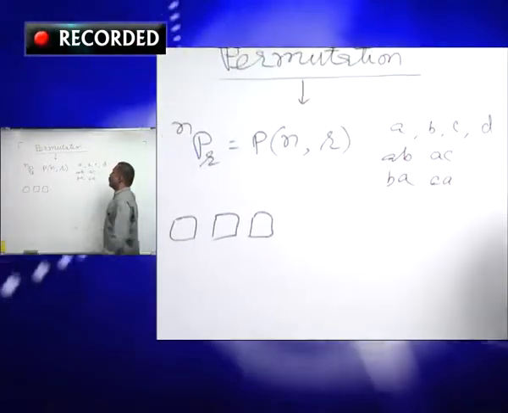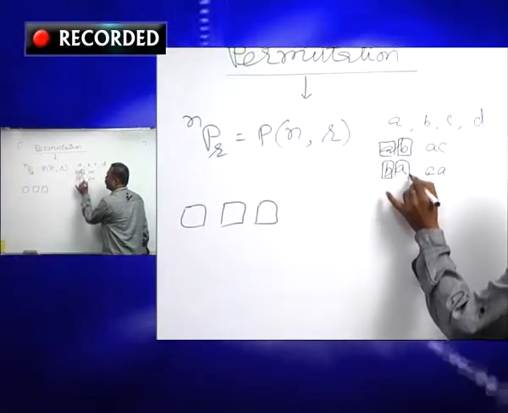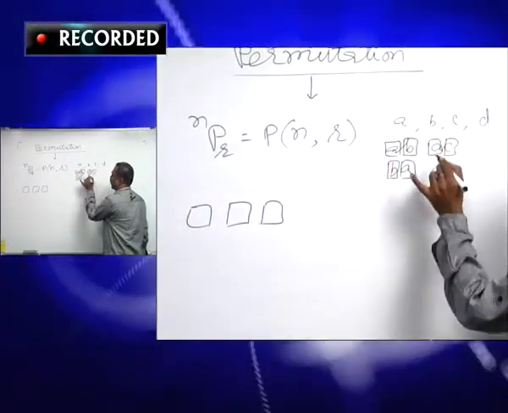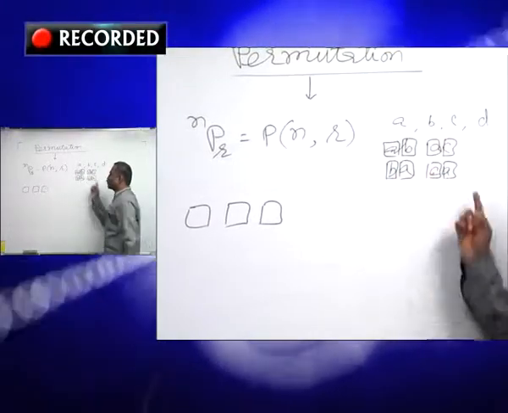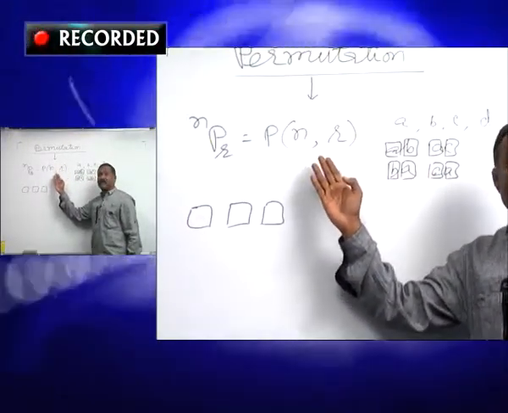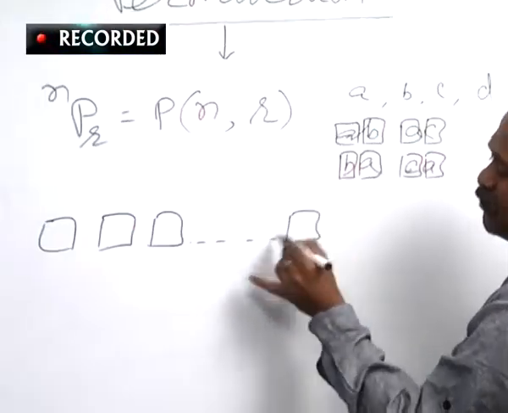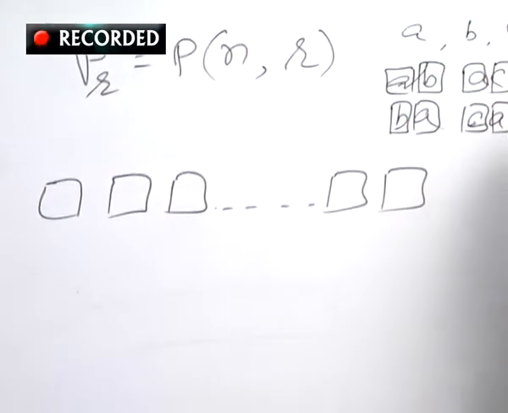Like that. So in each of the arrangements, how many blank places do you have? You have 2 blank places. Similarly, for n things, r things are to be taken. Then for r things, how many blank places will be there? You will have r blank places.